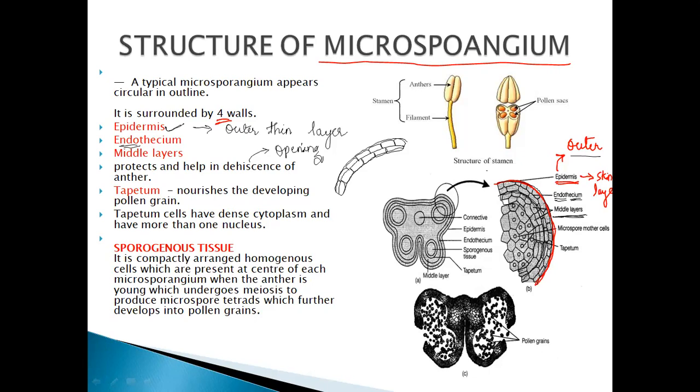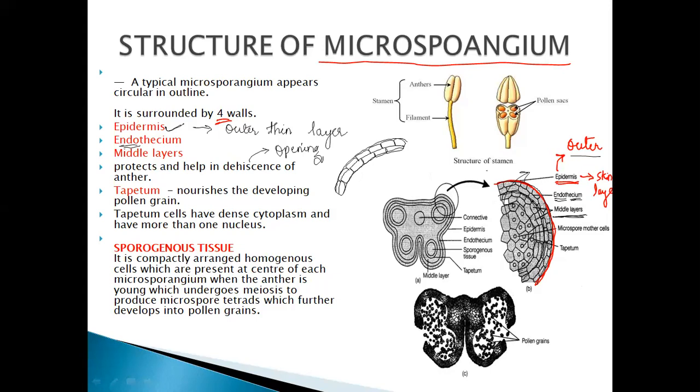When the pollen grains become mature, they will break all these layers and come out. For example, fruits, when they are young, stay on the tree itself.